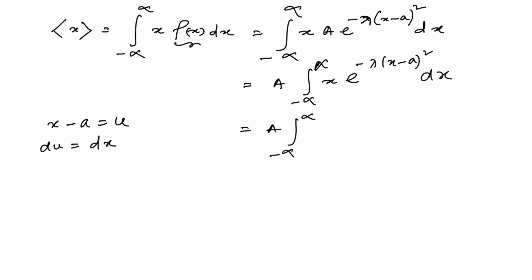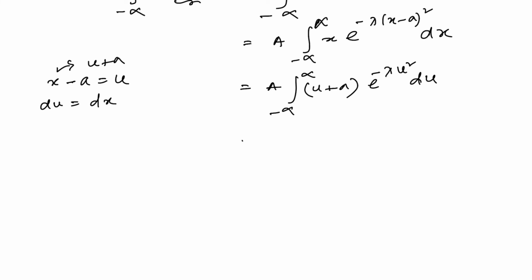If you substitute this here, you will get the integral from minus infinity to plus infinity, and then x will be u plus a. So here (u plus a) and e to the power minus lambda u square du. Okay, now how to integrate this?